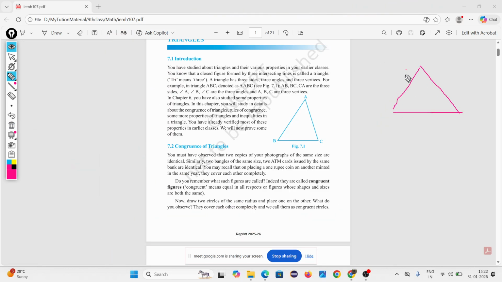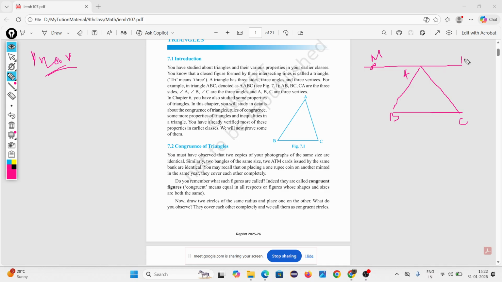This is the triangle A, B, C. This is the line parallel to BC. Suppose the line is MN.